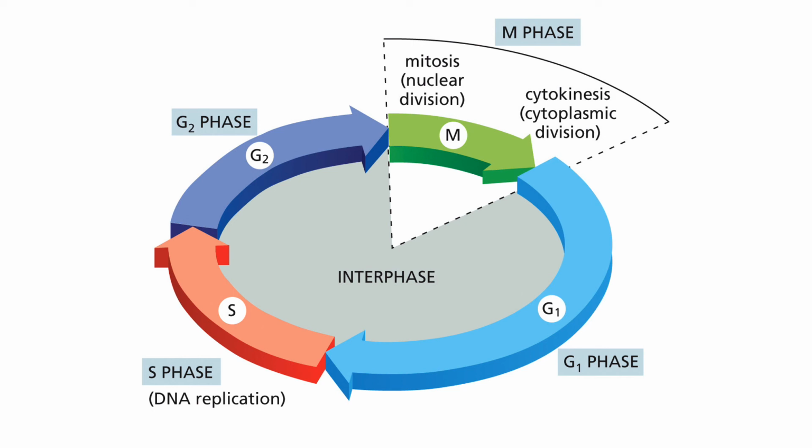Interphase is the phase that takes place between cell divisions, between mitosis. Now, in my opinion, it's a little bit of a misnomer. You say interphase, it sounds like nothing's happening. But in truth, there's an enormous amount happening during interphase. Let me just break it down.